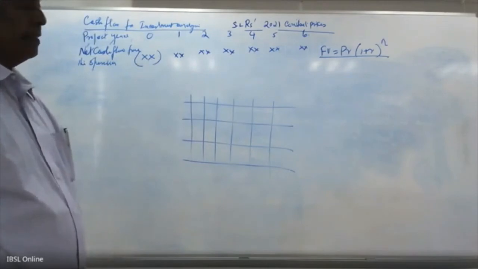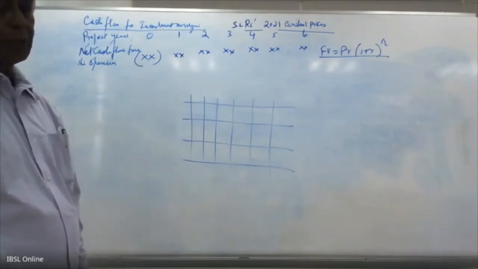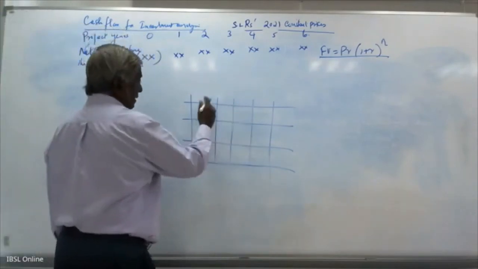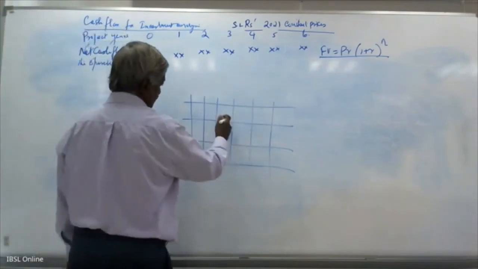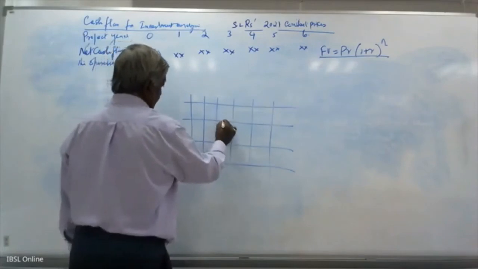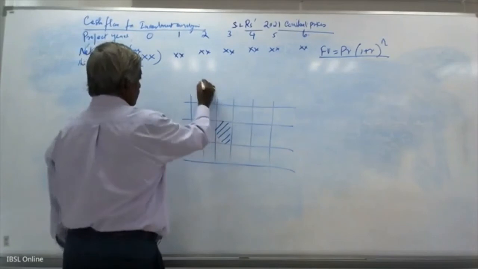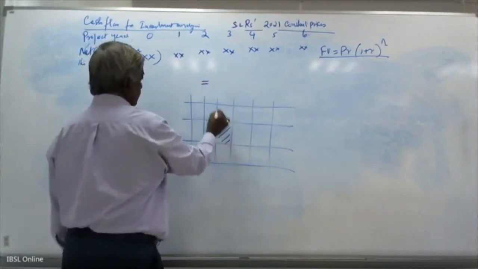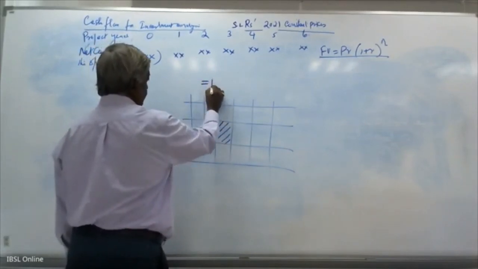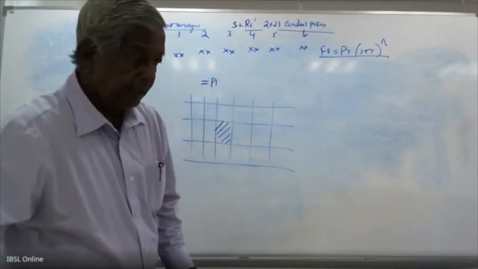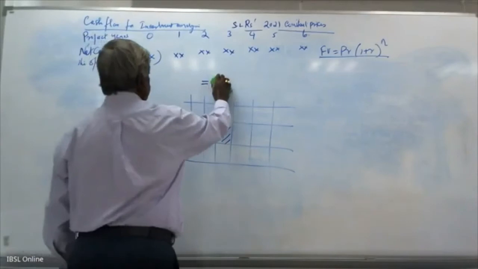Now, using the Excel spreadsheet, how to calculate the NPV. Put an equal sign. You bring the cursor to one cell and keep it there. Put an equal sign here and type NPV.